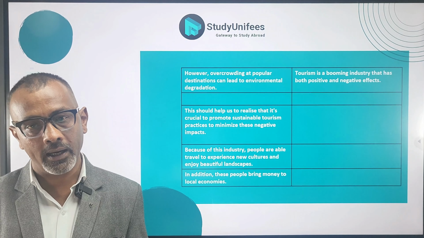Now, let's read our topic sentence. Education is a fundamental right for all individuals. The operative word is fundamental right. And this operative word, fundamental right, is followed up perfectly in the fifth sentence.